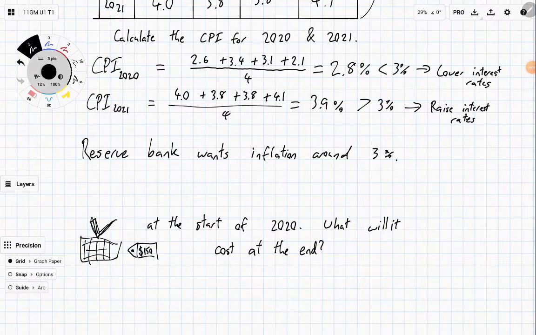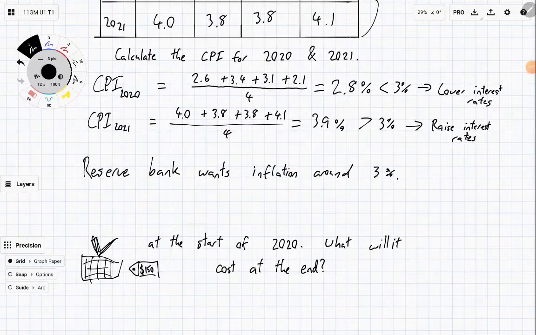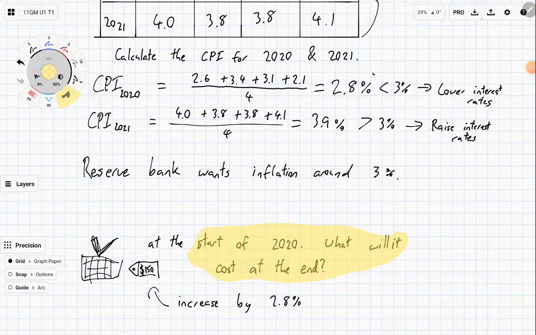Well, we can have a think about it, right? In 2020, prices increased by 2.8%. So we would expect that the price here would also increase by 2.8%. I'm using the 2020 figure because we are doing this from the start of 2020 to the end of 2020. So that matches the 2020 growth. All I need to do is a percentage increase.